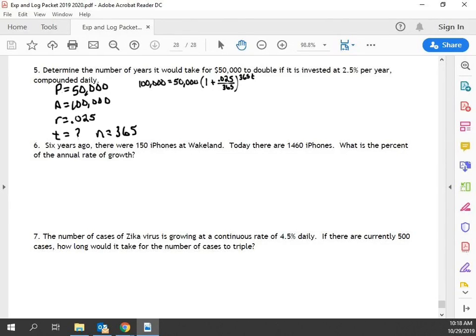So let's go ahead and see if we can clear this up as much as possible, okay, guys? First off, I'm going to figure out what's going on inside the parentheses. So 1 plus 0.025 over 365. And you get pretty close to 1. It's like 1.000068493.